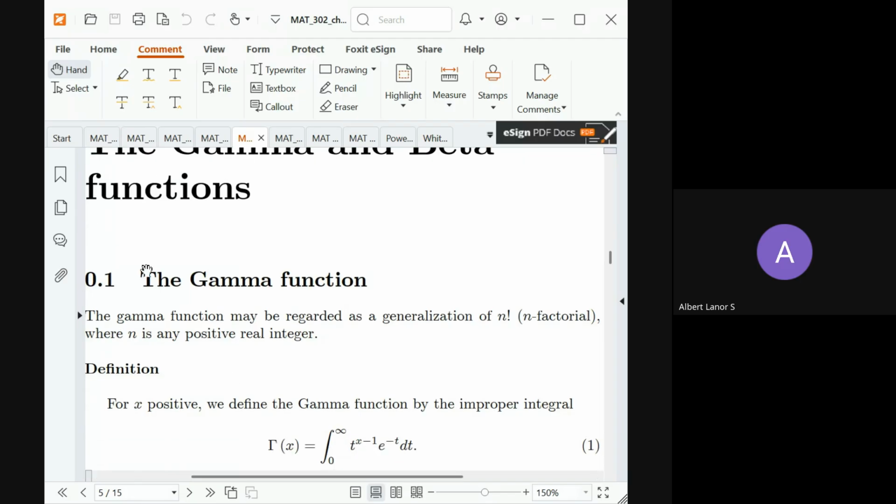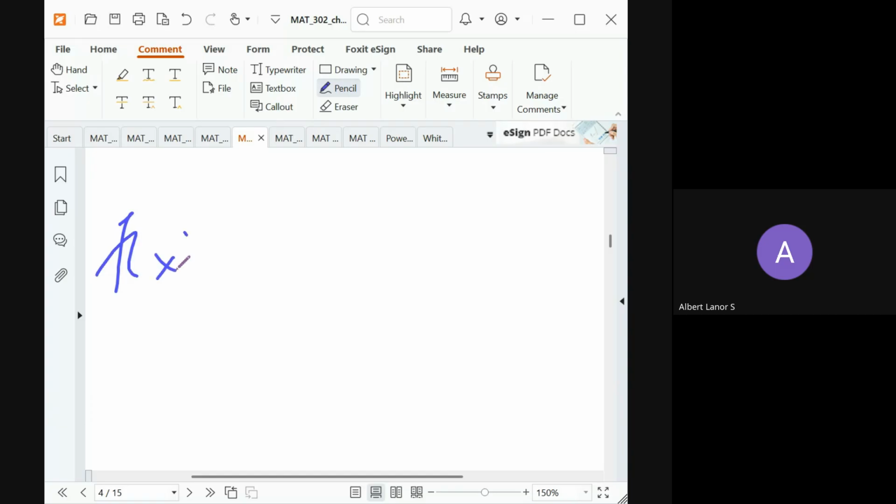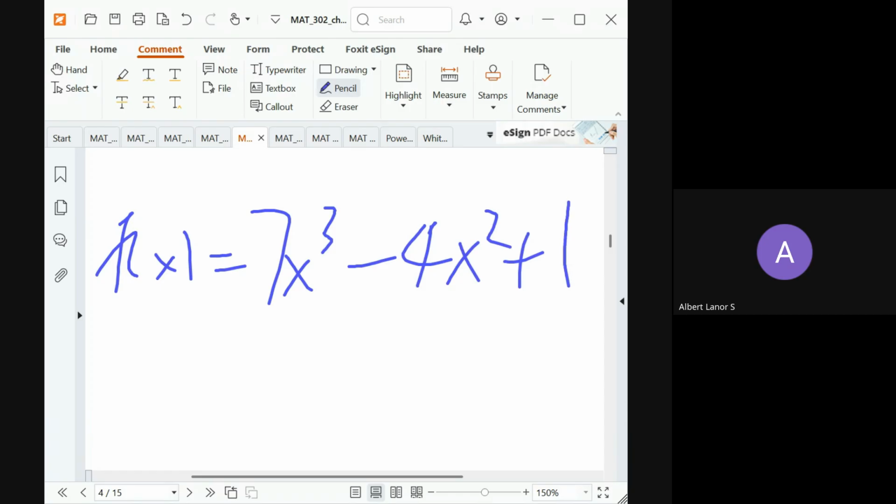Now, the gamma function. Just like polynomials, what is a polynomial? If I see a function like f of x equals, say, 7x cubed minus 4x squared plus 1, you know straightforward that this function is a polynomial function.